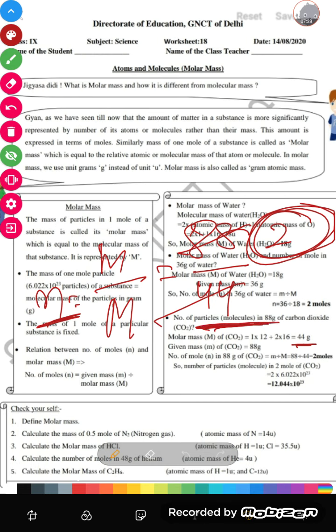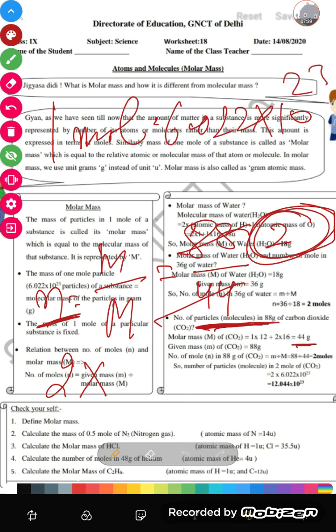But we have to find out the number of particles, right? For the number of particles in 2 moles, if 1 mole equals 6.022 into 10 raised to power 23, then for 2 moles we have 2 into 6.022 into 10 raised to power 23.